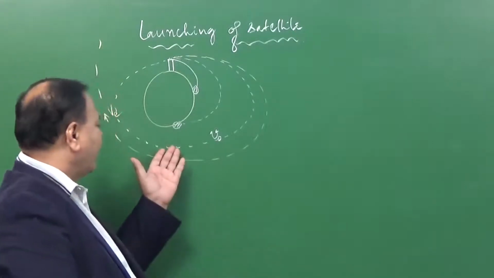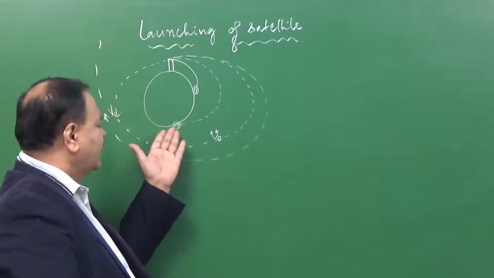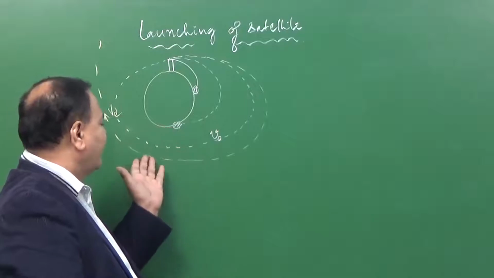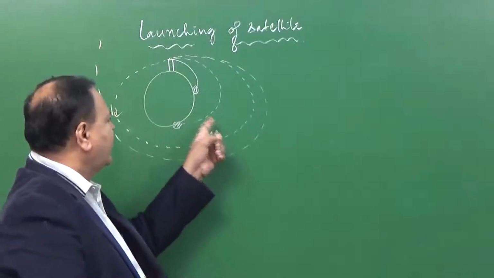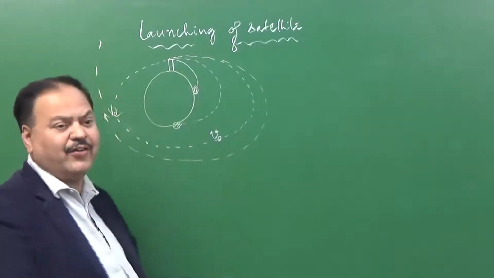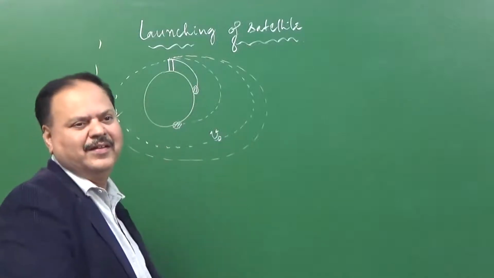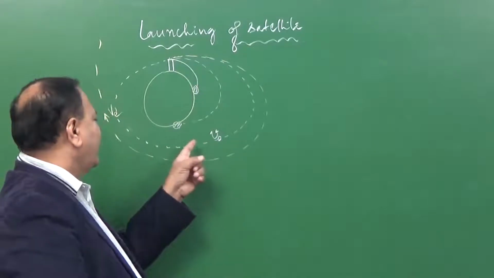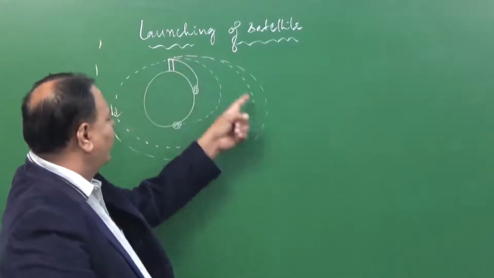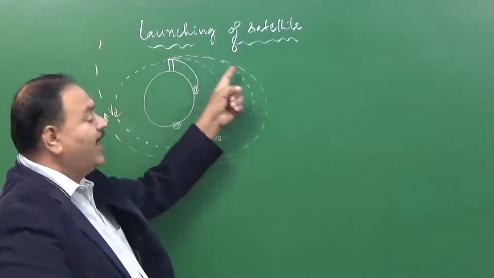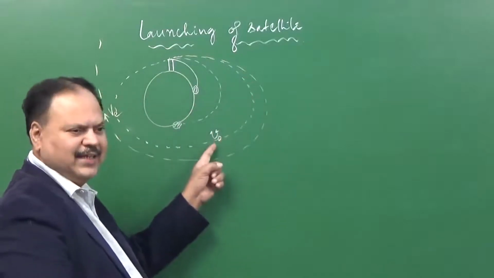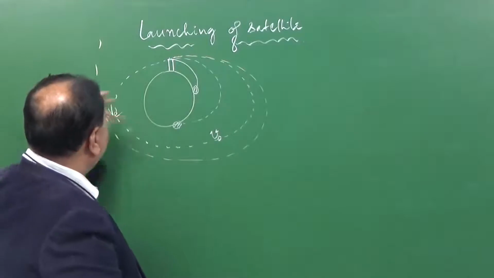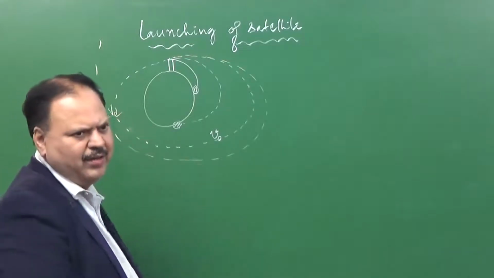Whether the body you have thrown revolves around the Earth, or escapes from the Earth, depends on the amount of velocity that you are giving. That's very important. If you give a higher velocity, that body starts revolving around the Earth. That's called orbital velocity. If you provide still higher velocity, that will escape from Earth's gravitational pull.